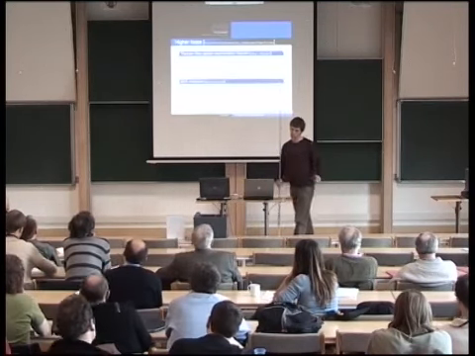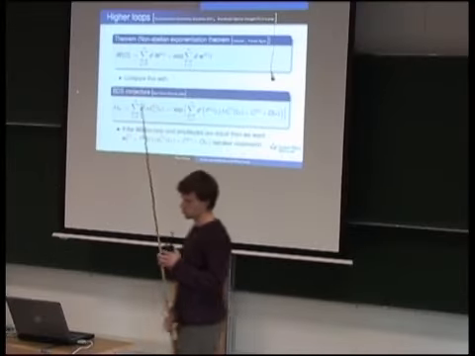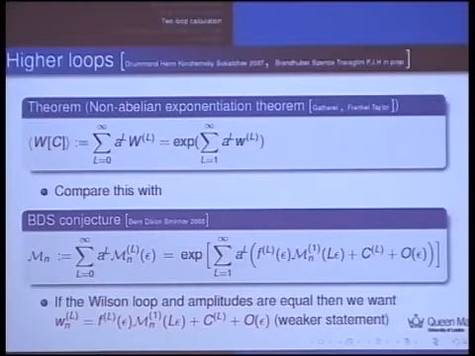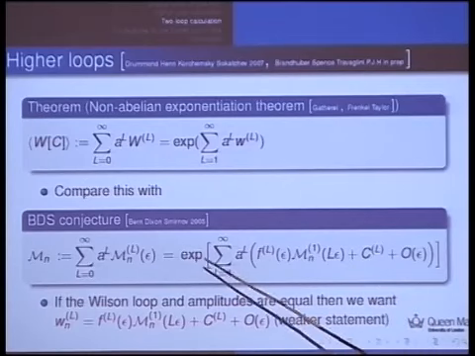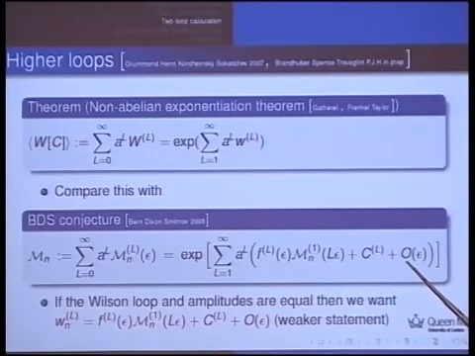Yeah. Okay, so let's now briefly talk about higher loops. So James mentioned the BDS conjecture, so I don't have to say much about that, but it's given by an exponential of terms involving the one loop amplitude plus order epsilon.